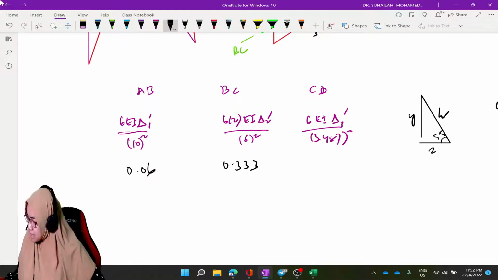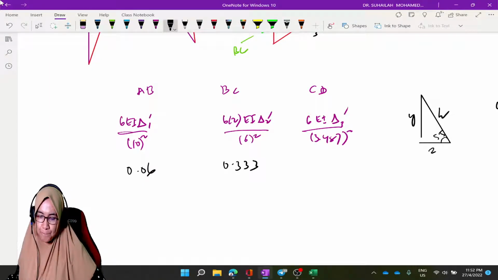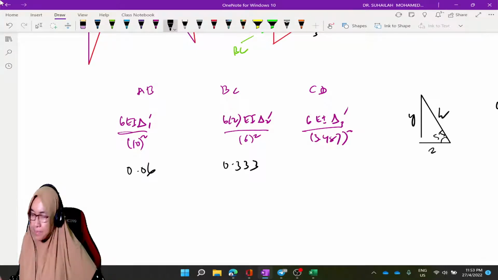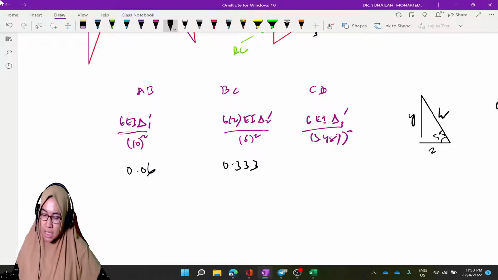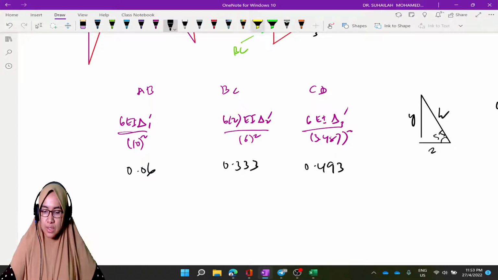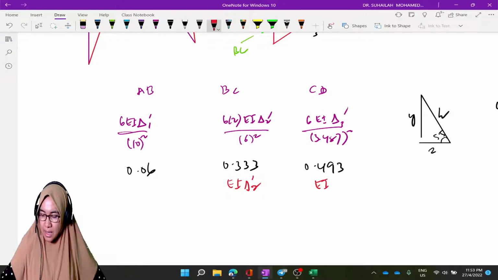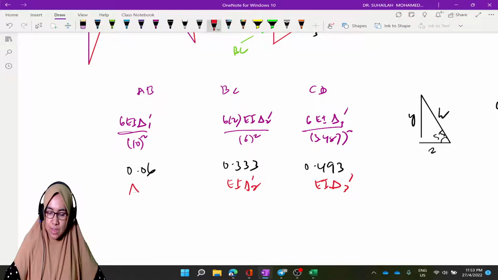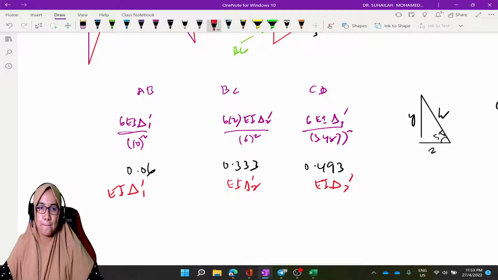And we have another one. It is 6 divided by 3.487 squared, which is 0.493. This one is EI delta 2, this one is EI delta 3, and this one is EI delta 1 prime.